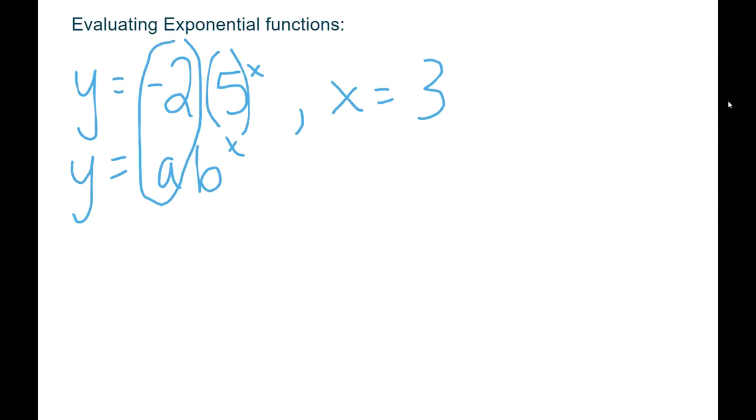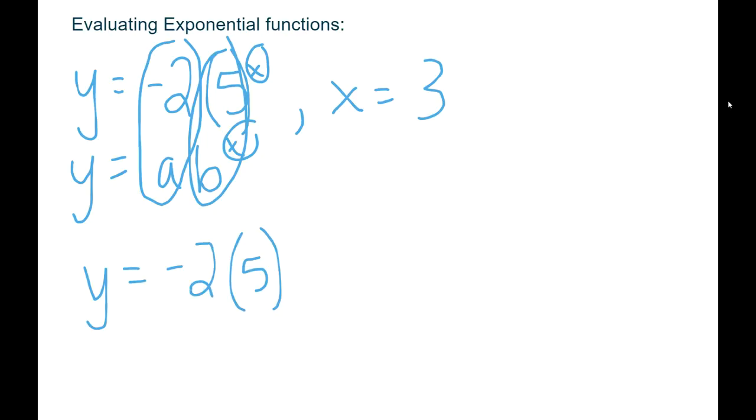So our a is -2, our b is 5, and our x is an x here. Now it tells me that x equals 3, so it literally means put that 3 up into your equation. Your x is coming out, and your 3 is going in.